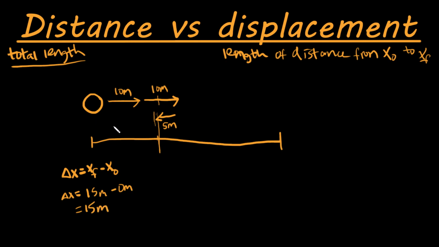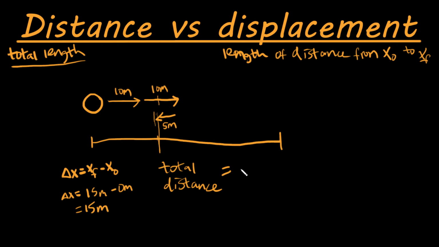But let's take a look at the total distance traveled. Distance takes into account the path that it took. So we went over here 10 meters. For total distance, we add up all the individual lengths that an object takes.